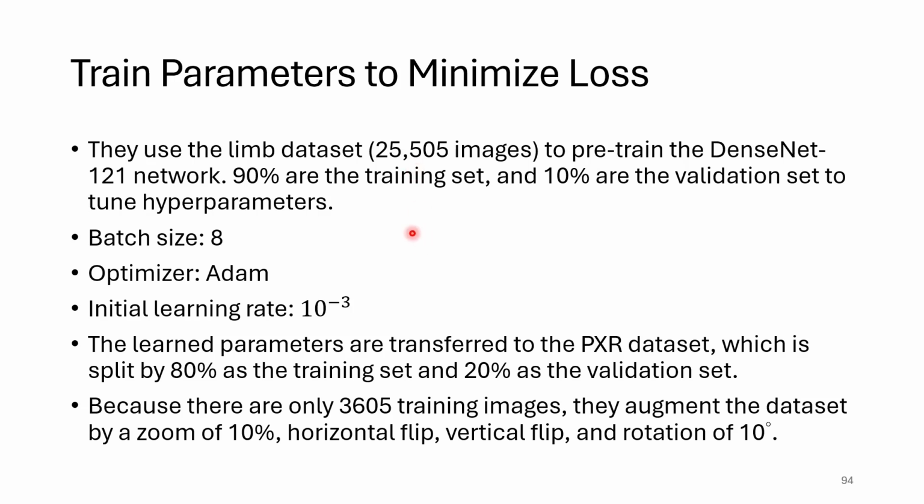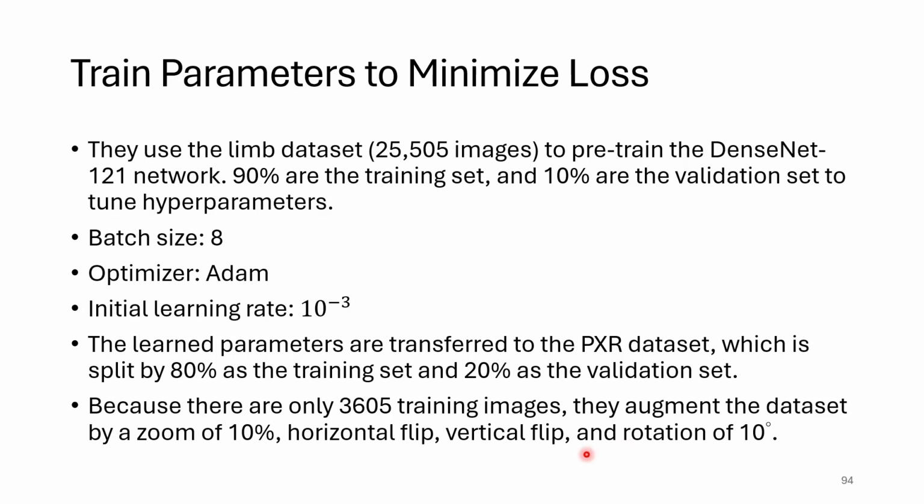To tune the 9 million parameters, they need some augmentation skills to enlarge their training set. So how do they do it? This is for their fabric dataset, because there are only 3,600 images. They augment the dataset by cropping 10%, horizontal flip, vertical flip, and rotation of 10 degrees.